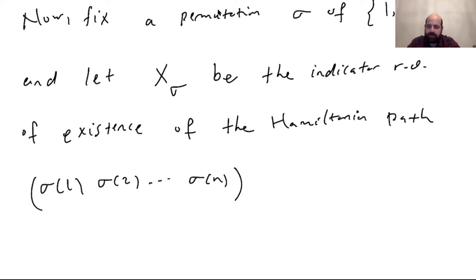If it has this Hamiltonian path, remember again, each Hamiltonian path can be written as a permutation. If it contains this Hamiltonian path, then this random variable assigns 1 to that element of the sample space, otherwise it assigns 0.